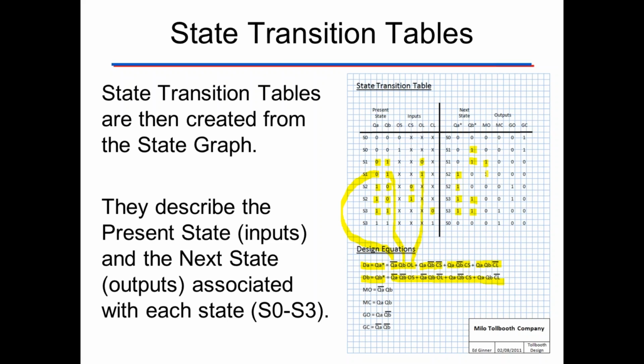Second one's going to be QA bar, QB, and then OL. If you take a look, what they did for this already is they wrote the equation down here and simplified it for you.